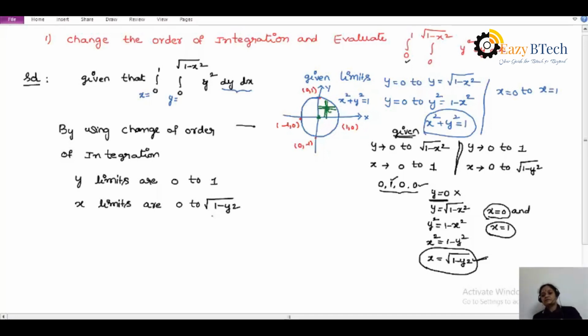So without a strip we are finding limits here. Now we change the order here, students.